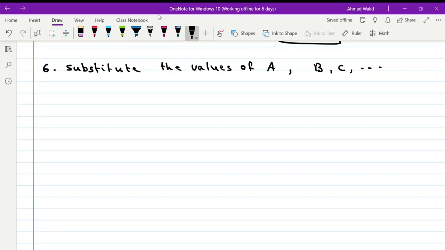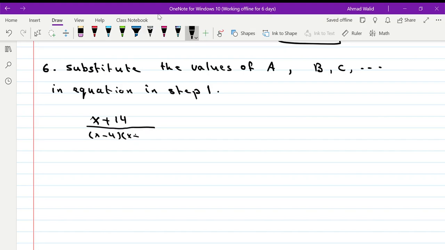And the equation in step 1. Your equation in step 1 was x plus 14 over x minus 4 times x plus 2 equals A over x minus 4 plus B over x plus 2.